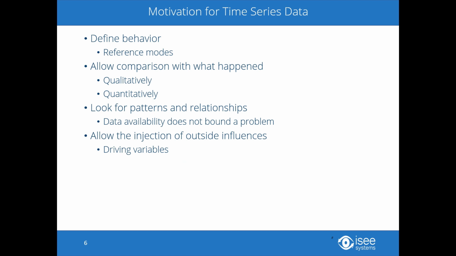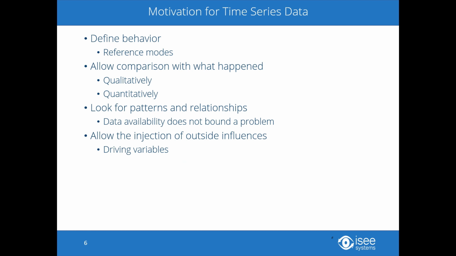So why do we want to work with time series, which is going to be a fair bit of this webinar? Time series define behavior. They give us reference modes, and they also allow comparison with what happened, whether it's a qualitative or a quantitative comparison. You can look for patterns in relationships. Now, correlation does not mean causality. We need to be careful there.